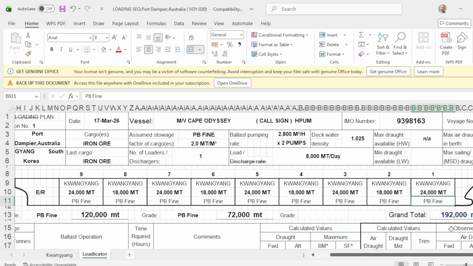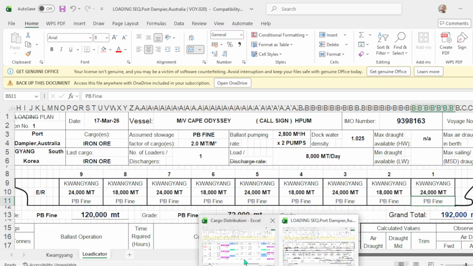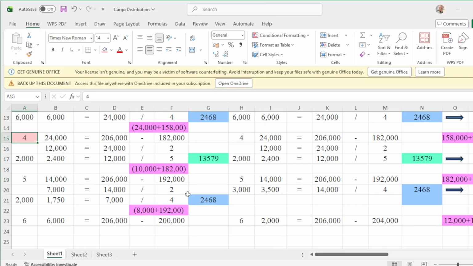That will be a total of 192,000 loaded. Then we are loaded with 192,000. Mark this one.